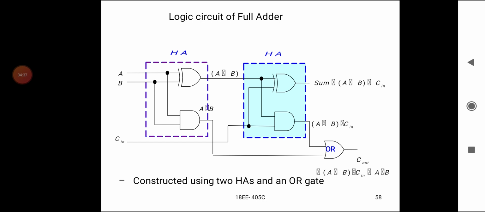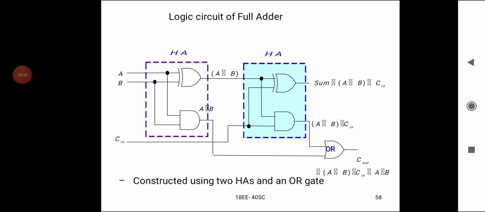The second half adder receives inputs A exclusive OR B and C-in, and it will generate sum S equals A exclusive OR B exclusive OR C-in. The second half adder AND gate output is A exclusive OR B dot C-in.